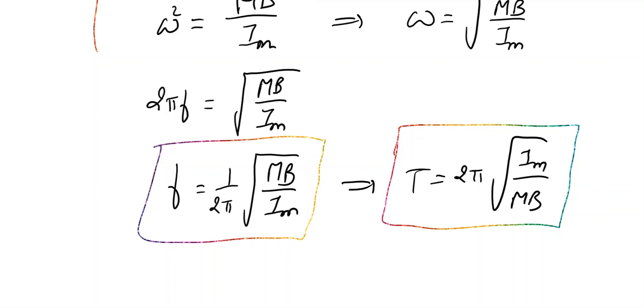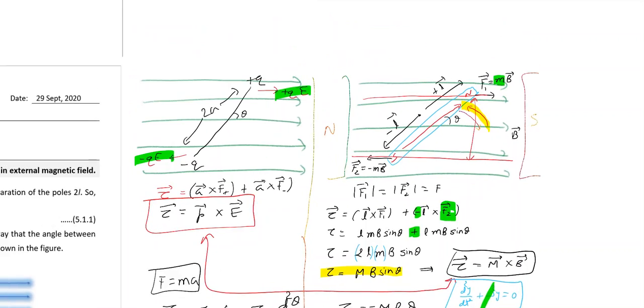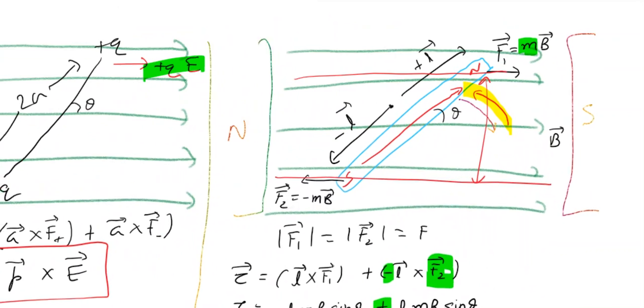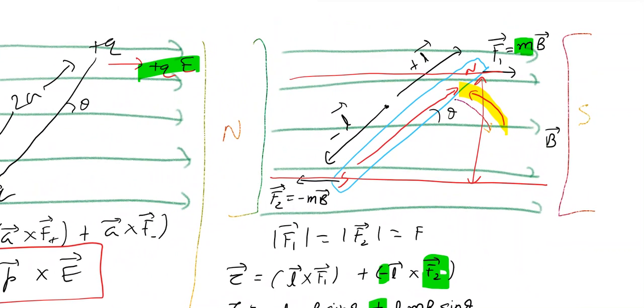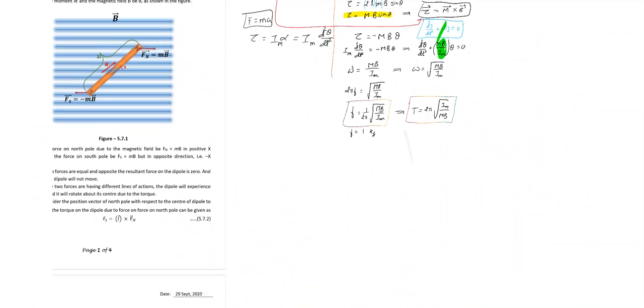Suppose the f value is 1 hertz, what does it mean? It means that when you place the dipole in a magnetic field and allow it to oscillate, the dipole will oscillate.